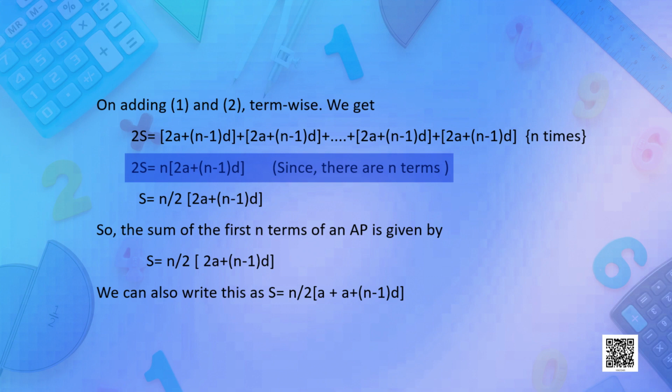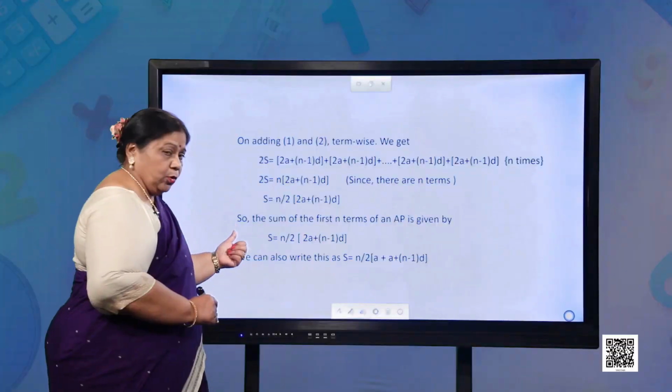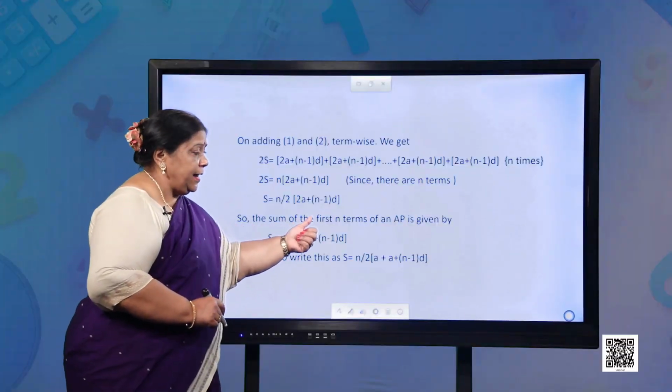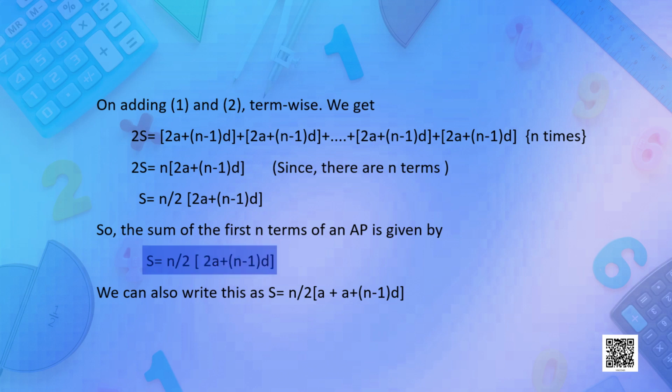That is, 2S is equal to n into (2a plus (n minus 1) into d), since there are n terms. So, S is equal to n upon 2 into (2a plus (n minus 1) into d). So, the sum of the first n terms of the AP is given by S is equal to n upon 2 into (2a plus (n minus 1) into d).